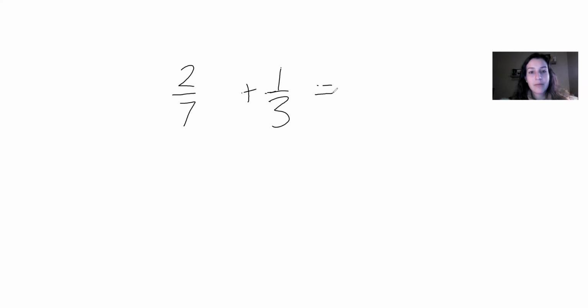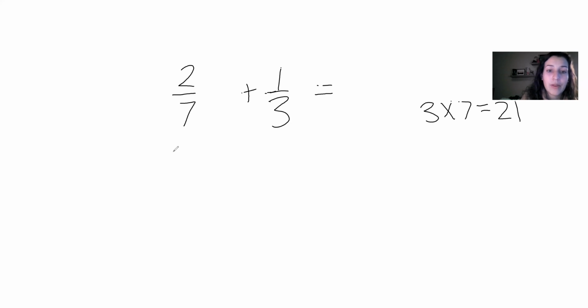So because 3 and 7 do not fit so nicely into each other, we can just multiply them and find the common multiple that we're going for. What we want to see in the denominator is going to be 21, and that's our least common multiple.